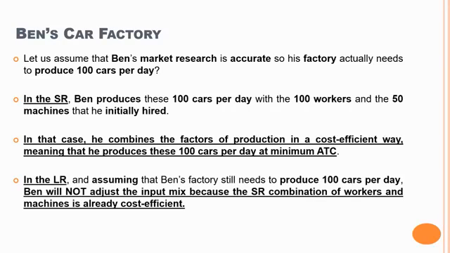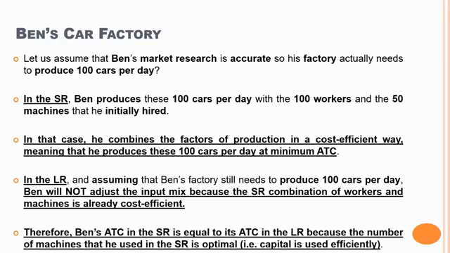Okay, and in the long run, if we give sufficient time for Ben to adjust the quantity of machines, the quantity of capital that he has, he would not change anything, because in order to produce these 100 cars at minimum cost, he should have 50 machines and 100 workers, and this is exactly what he initially has. This is what he initially purchased when he opened his factory. He's already cost efficient.